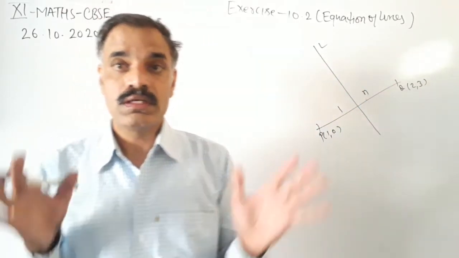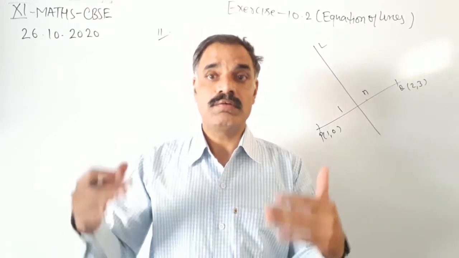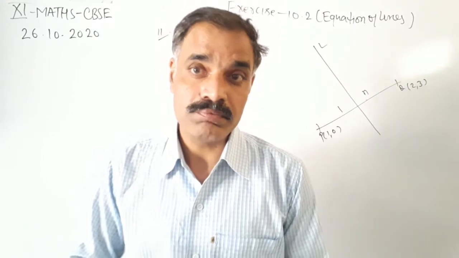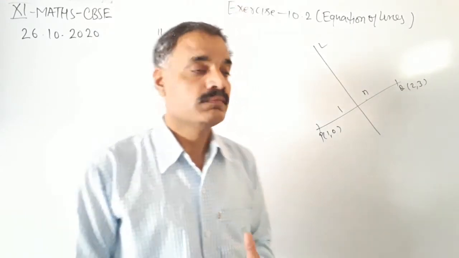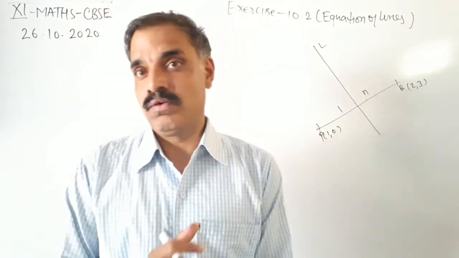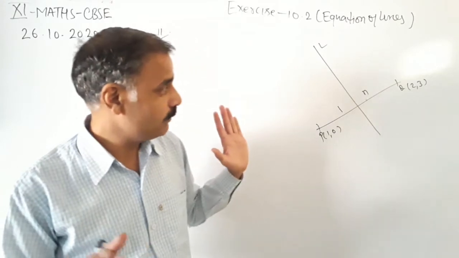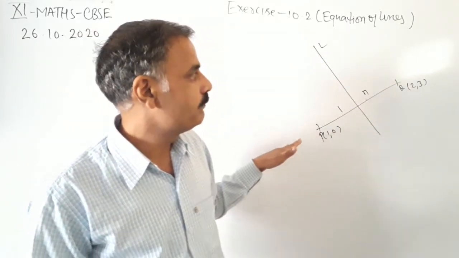Nothing is given about the required line, so what do we have to do? We have to find information from the given information so that we can find the equation of line L. One thing that is given is that this line is perpendicular to PQ.